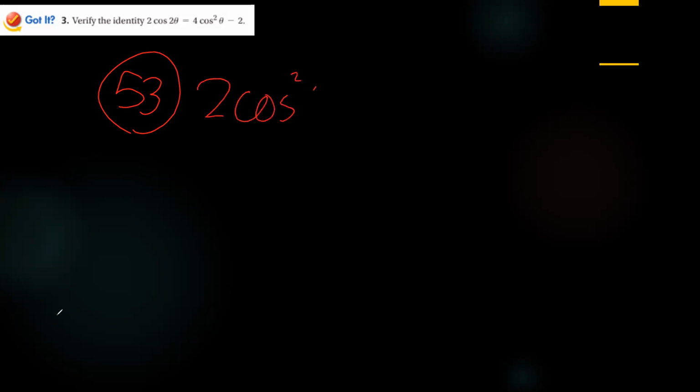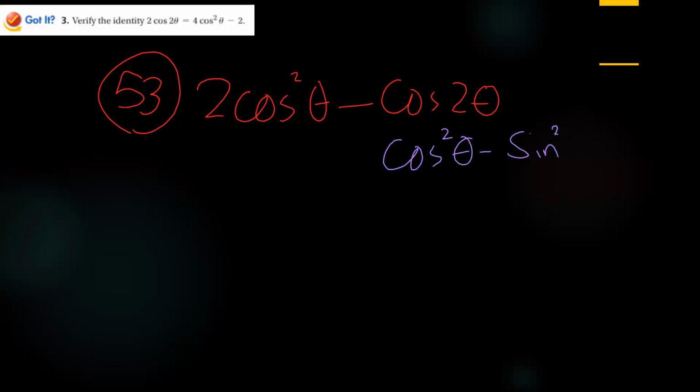Number 53 now. 2 cosine squared of theta minus cosine 2 theta. We need now to simplify it. First of all, let's simplify cosine 2 theta. We can write it as cosine squared minus sine squared, or you can write it as 2 cosine squared minus 1.